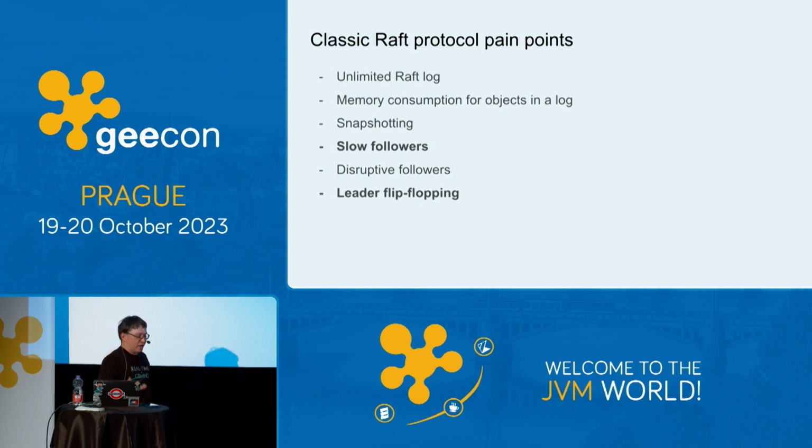If you would like to implement your own Raft protocol based on the paper or the PhD thesis of its author, you will find that a lot of corner cases, and even non-corner cases, are not well described in his PhD thesis. I will not go over each of them. I will only show you two problems: the slow followers problem and the leader flip-flopping problem.